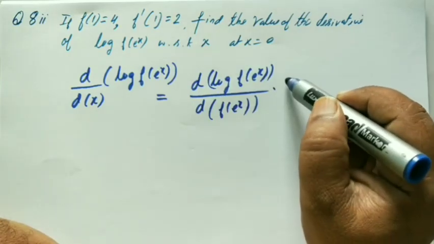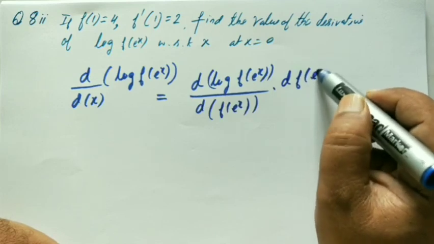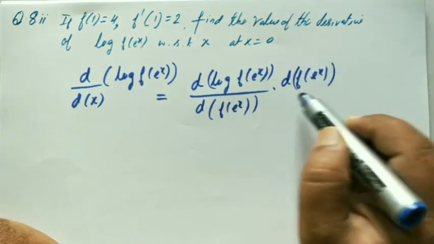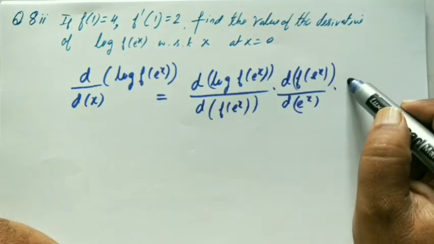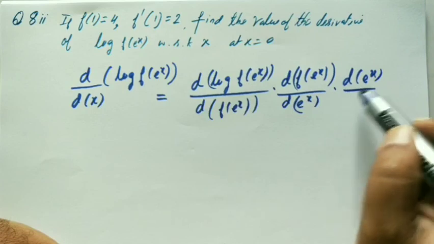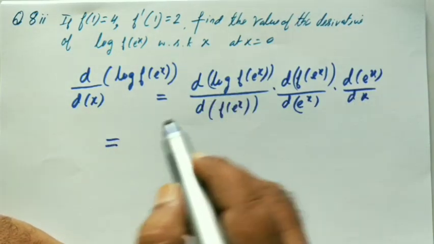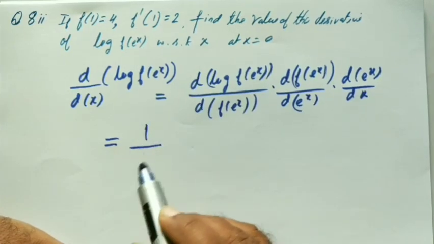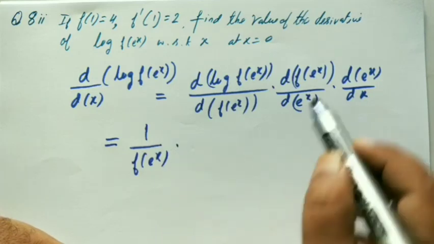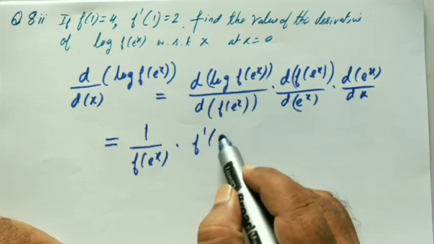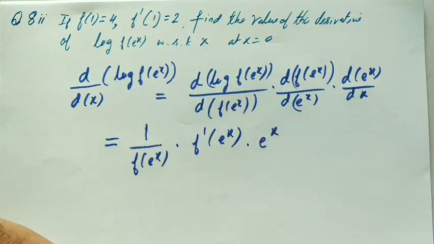Then f(e^x), and then differentiation of e to the power x with respect to x. This becomes 1 by f(e^x), log x is 1 by x. This will be f dash e^x and this will be e to the power x.